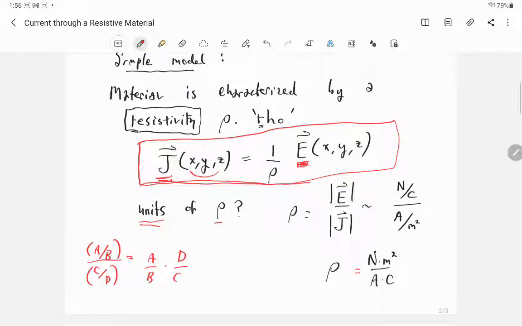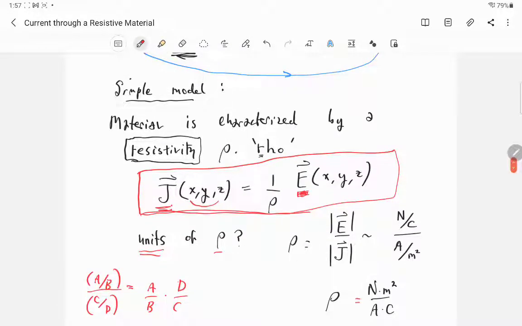So you can have a current density that might change because the electric field is different at different places. Or the current density could change because maybe the resistivity is different at different places. But this is our simple model.